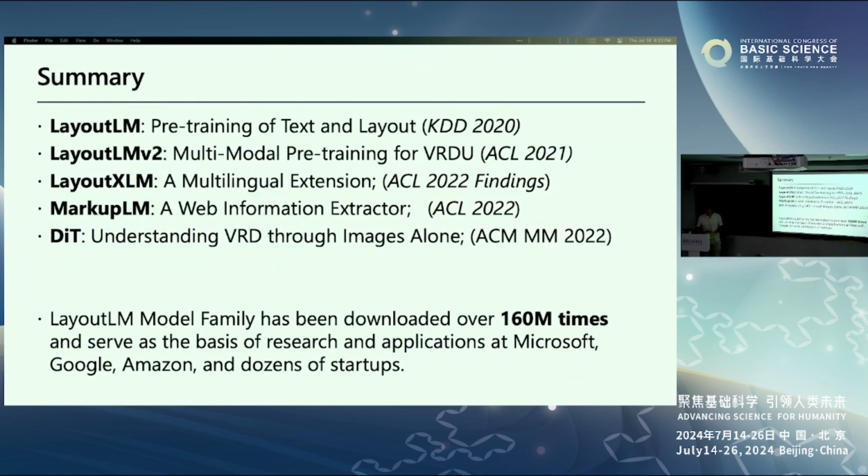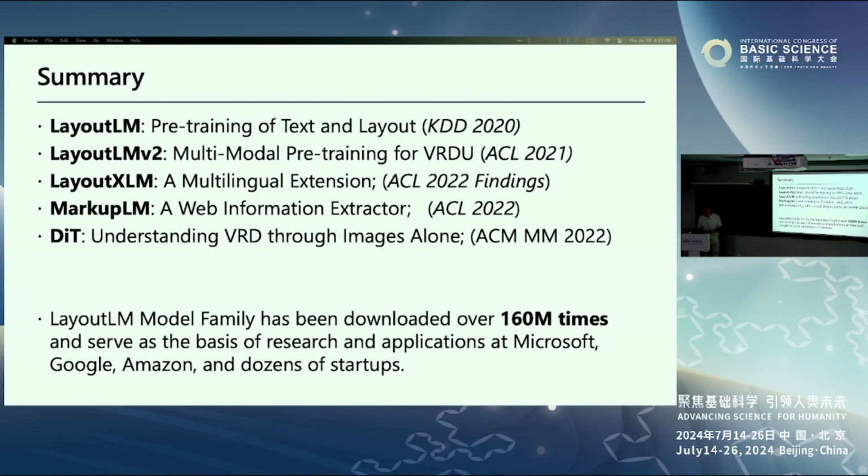So that's all about the research work, and here is the summarization. In visually rich document understanding, we tried to build models to solve different data types. After we released these models, they became very popular in the research community and the industry community.